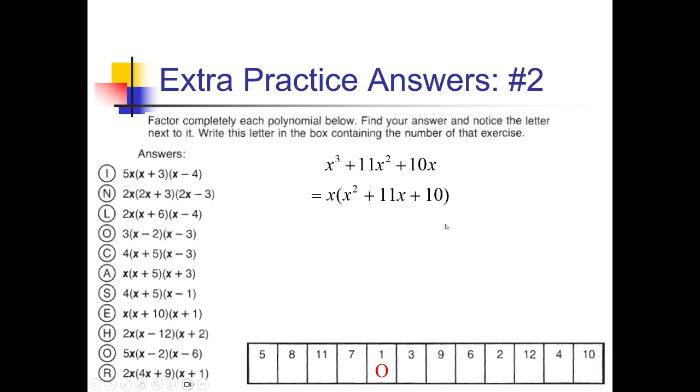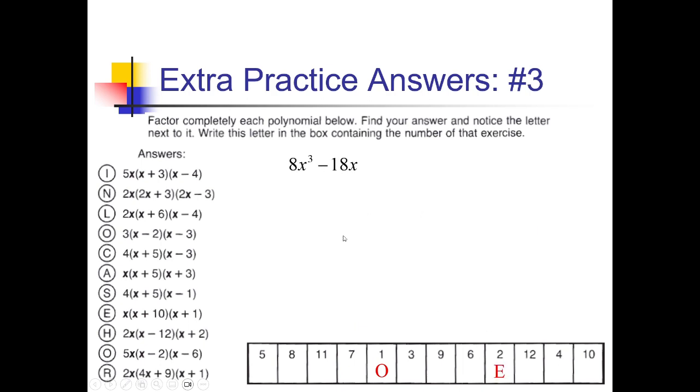Now for the stuff inside, since it's just 1x squared, I'm looking for factors of 10 that add up to 11. Well, 1 and 10 works, so I have the x that I took out, an x plus 1, and the other factor, x plus 10. Looking over here for that answer, I see that in choice E, so I'm going to put an E next to the 2 down here.